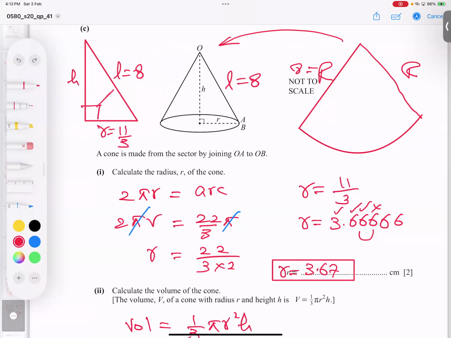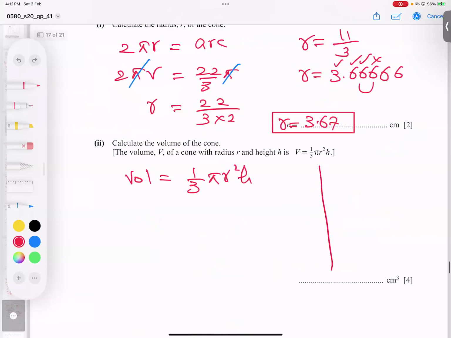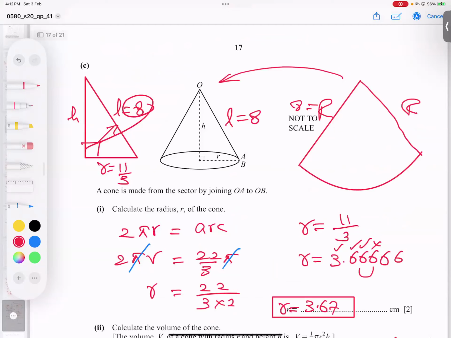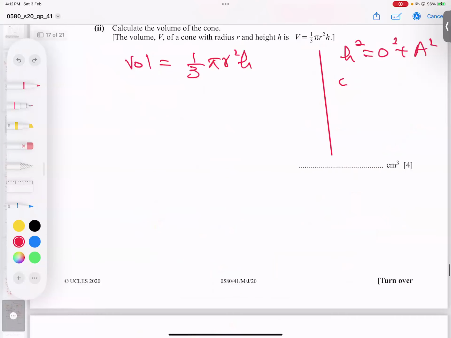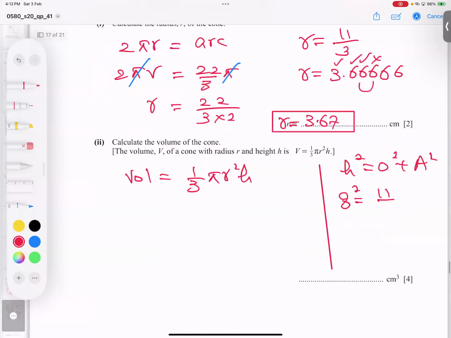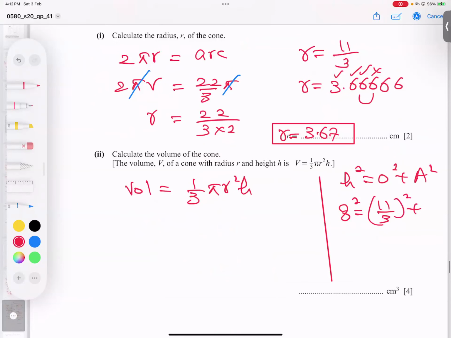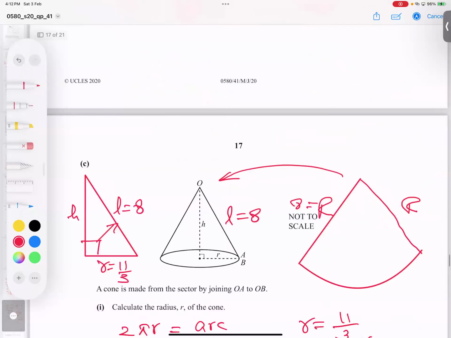So I will use Pythagoras theorem on this. In front of the 90 degrees is always called the hypotenuse. Hypotenuse squared equals opposite squared plus adjacent squared. The hypotenuse is 8. So I'm writing here, students, 8 to power 2 equals 11 over 3 to power 2 plus height squared. Where does this h come from, students? The height.